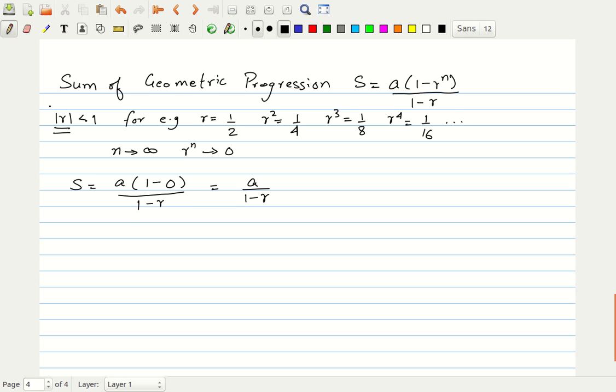So this is very important. The absolute value of the common ratio should be less than 1. If the absolute value of the common ratio is greater than 1, then the sum will not converge; the sum will either diverge towards positive infinity or negative infinity.